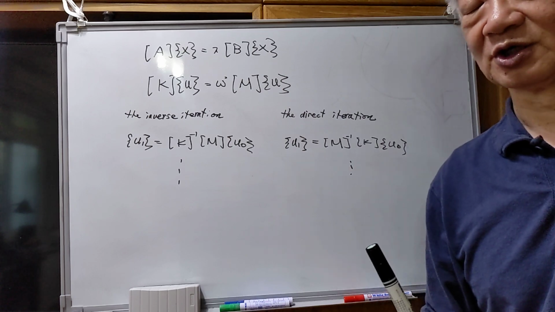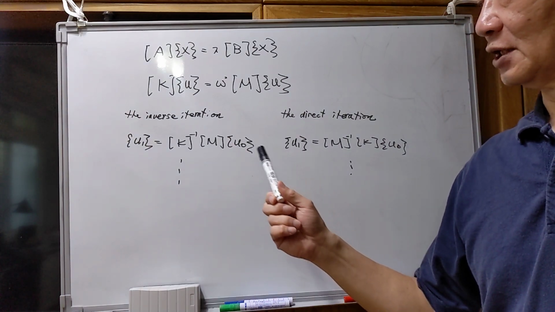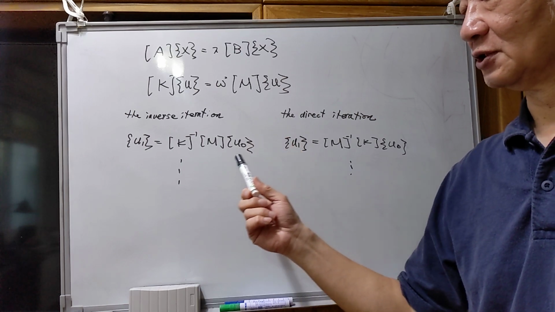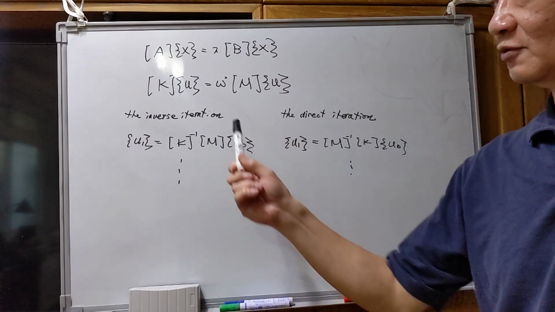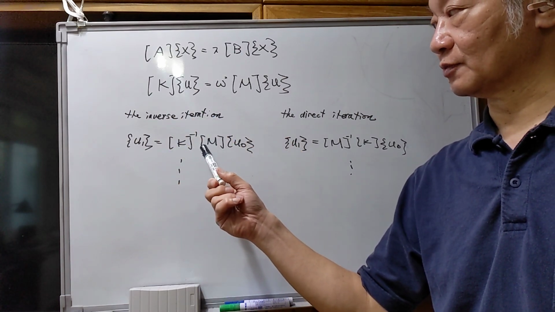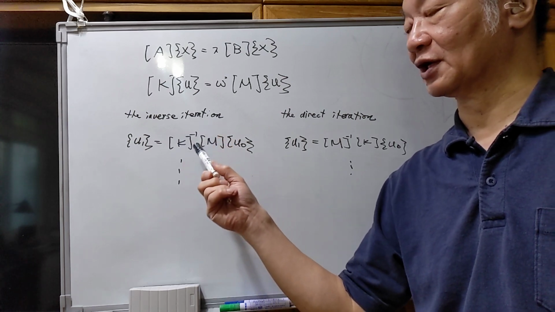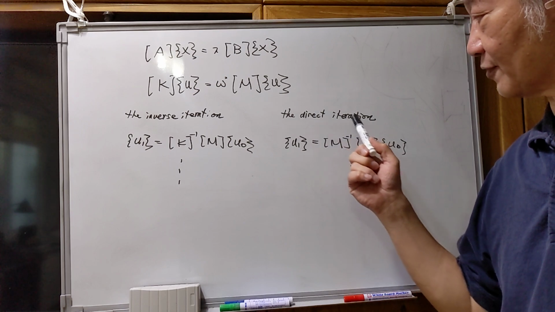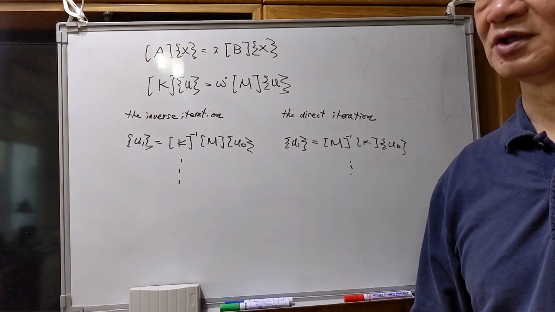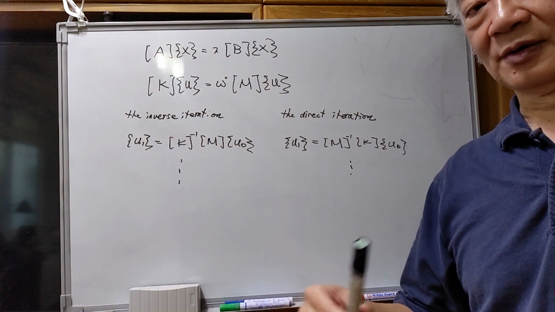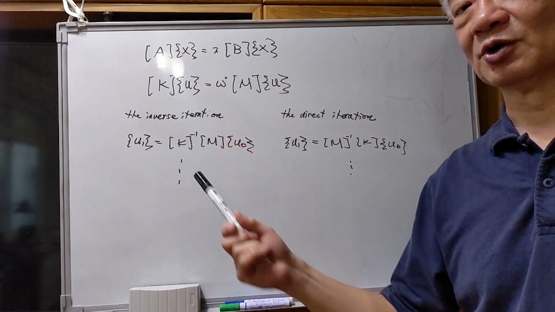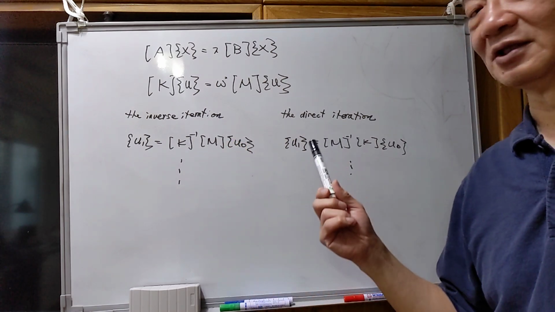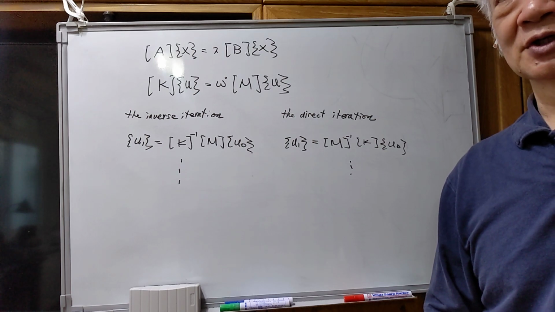the direct iteration method. And if we compare the solution procedure for the inverse iteration method, we need to calculate the K inverse. For the direct iteration method, we need to calculate the M inverse. But usually the K is more complicated than the M matrix.